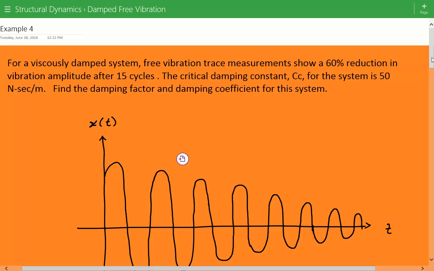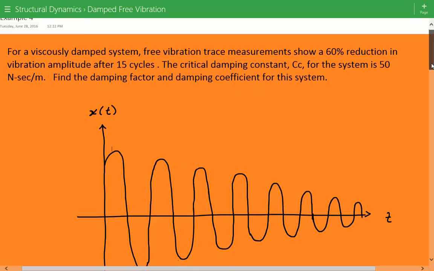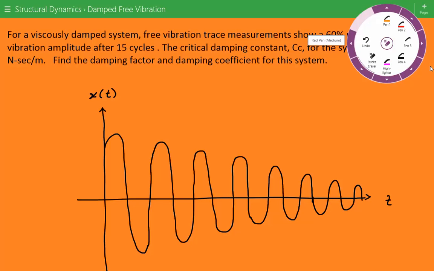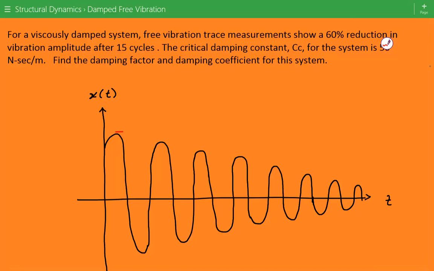So here's a representation in the figure below of the displacement of the system. If we call the vibration amplitude here xi, then one cycle is from this peak to the next peak.